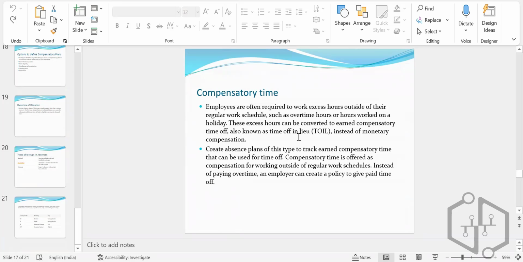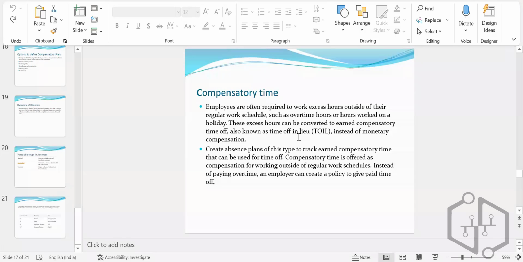Employees are often required to work excess hours outside their regular work schedule, such as overtime hours or hours worked on a holiday. These excess hours can be converted to earned compensatory time off, also earned time leave off instead of monetary compensation. So when you are working extra hours outside your regular work schedule, suppose my work schedule is 20 hours and I'm working 30 hours.